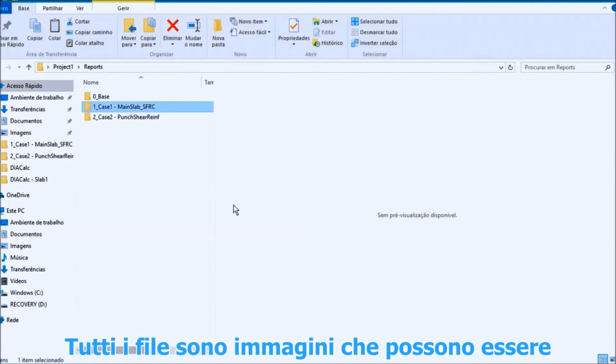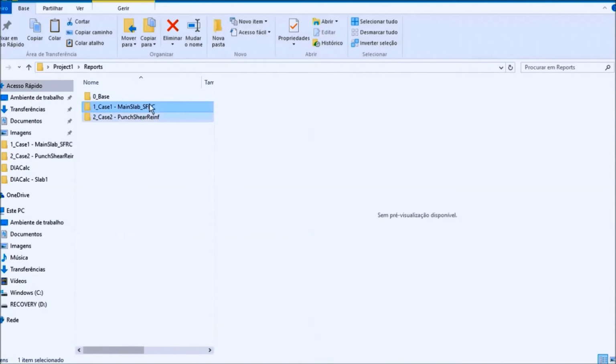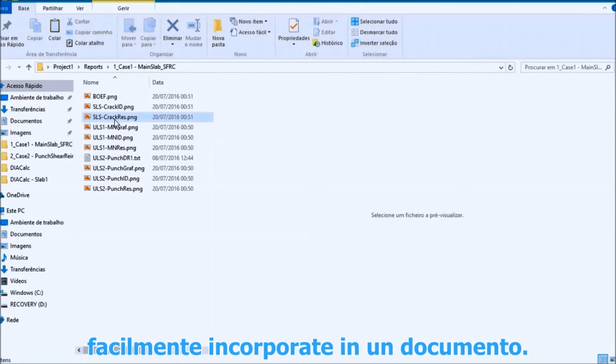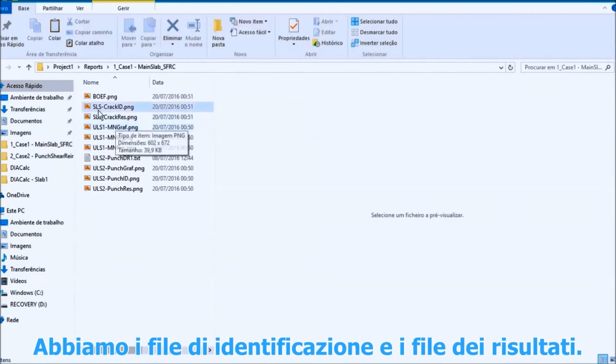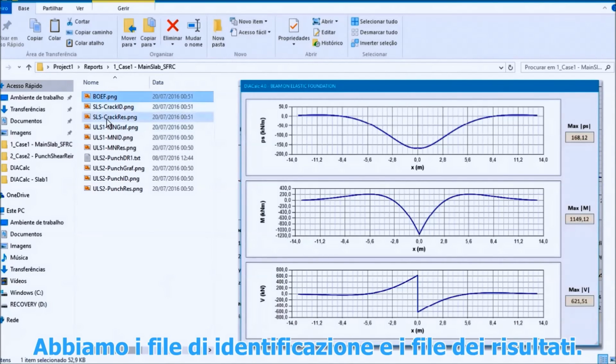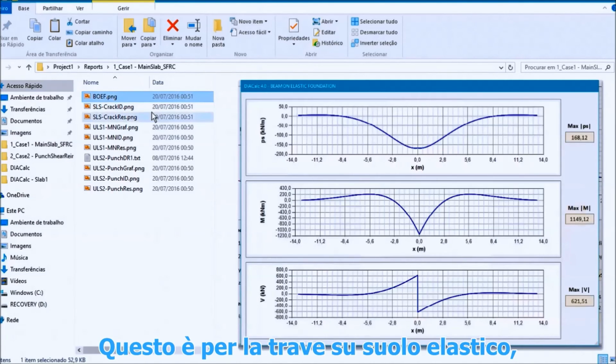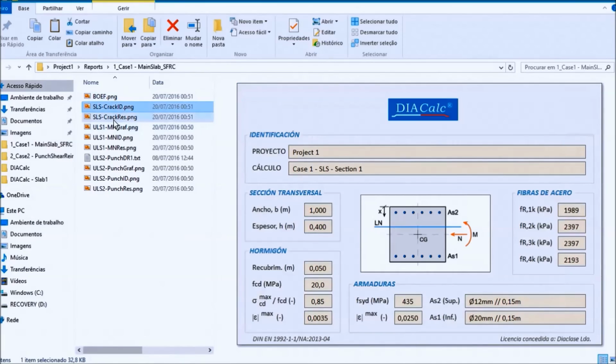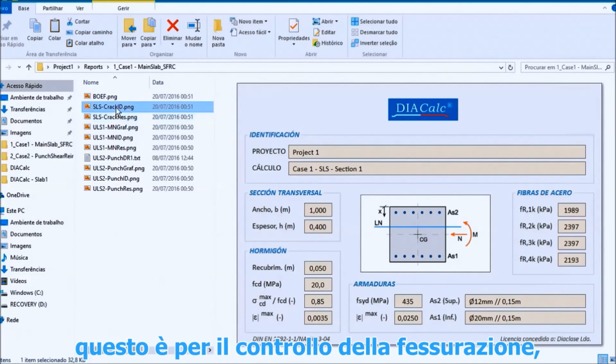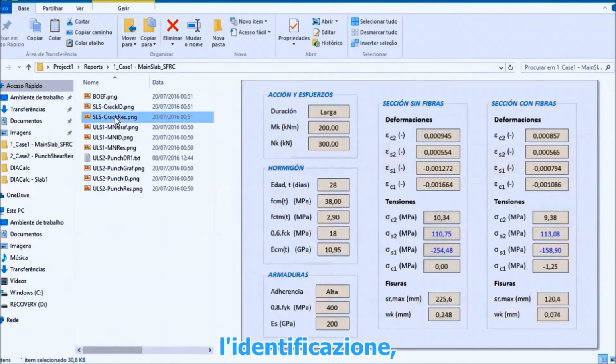All the files are images that can be easily incorporated in any document. We have identification files and results files. This is for the beam on elastic foundation. This is for the crack control, the identification and the results.